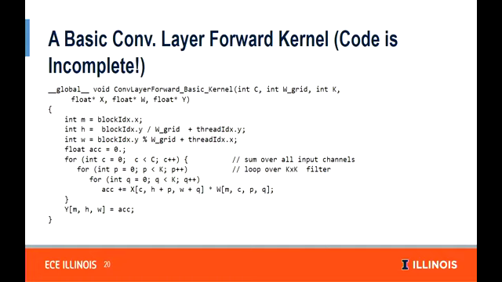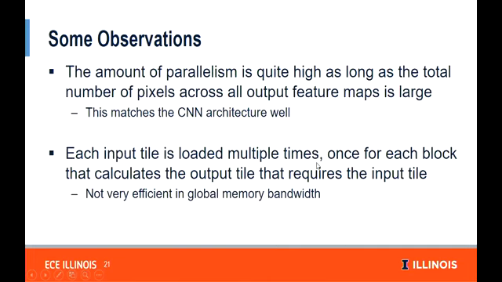This is a little piece of code very similar to the 2D convolution kernel, but you iterate through the channels so that you accumulate the contribution of all the input feature maps to that element, right? So then we have a base implementation.